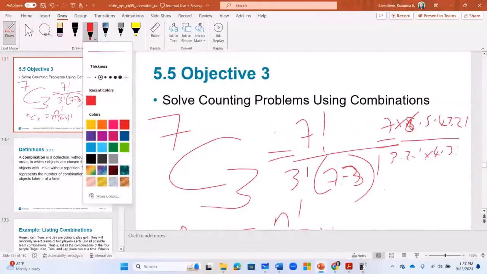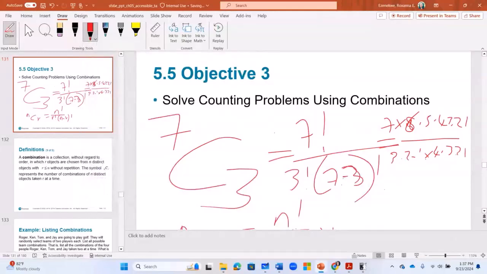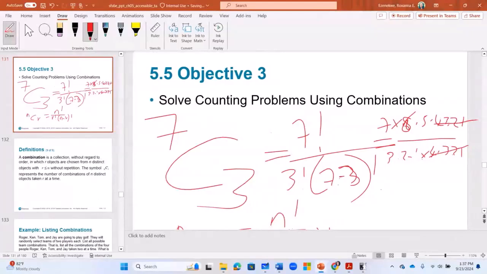If I cancel, I now have 3 and 2. 3 times 2 is 6, so this and this will go. Therefore, my 7 combination 3 will end up being 7 times 5, which is 35. So there are 35 different ways I can choose 3 shoes out of 7 to give to charity.